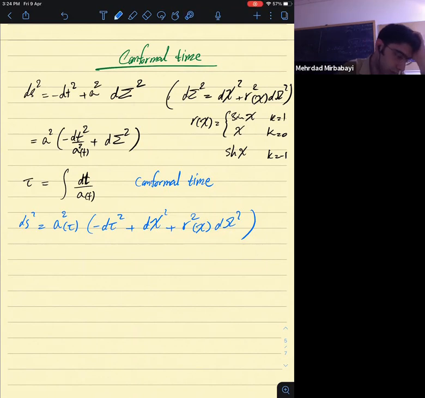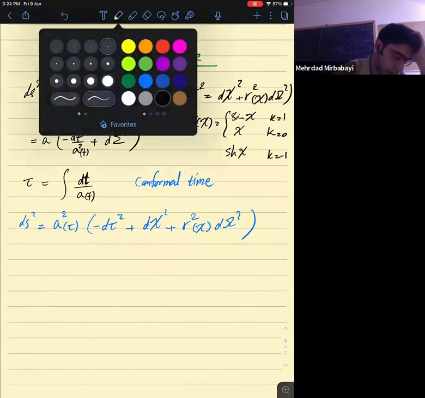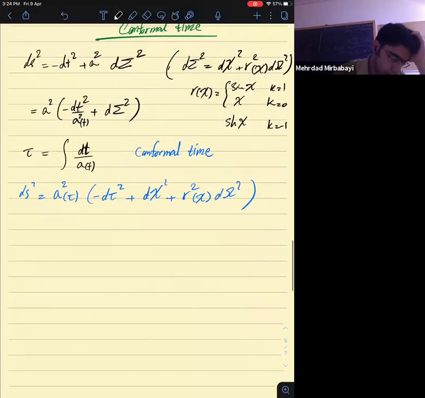If I want to plot them, I can just plot them in 45-degree lines. So this conformal time tau is very useful for plotting diagrams, because now I can draw things like this. So this is the chi direction.